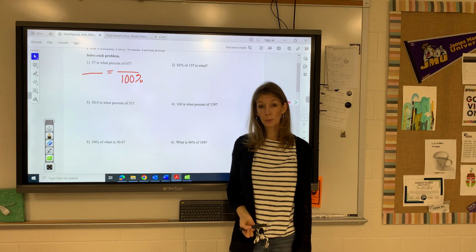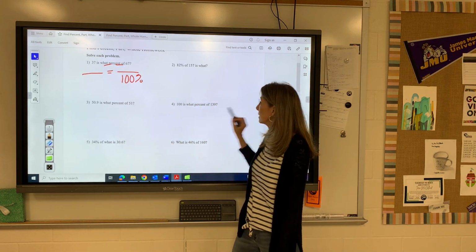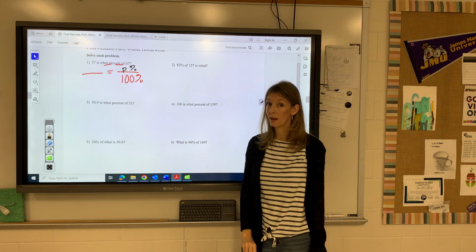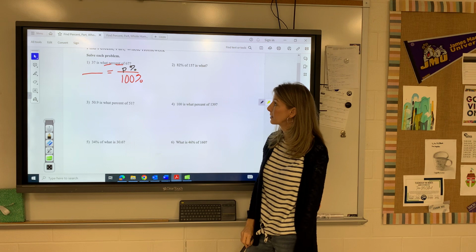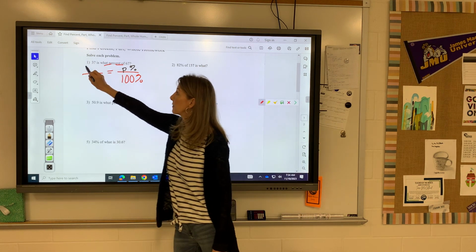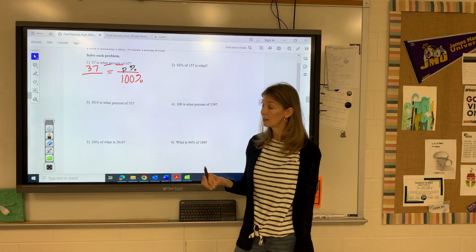Do I know the other percent? No, it literally says what percent, so I don't know. I'm going to use P to represent my unknown percent, and then fill in the rest. 37 is, so 37 is my part, 67 is my total.